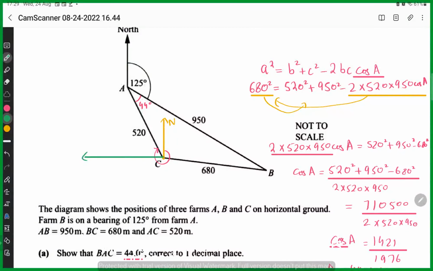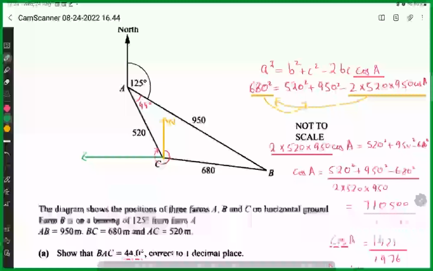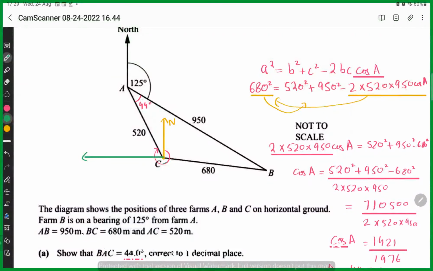So we need to find the pink angle. Now, what do we know? If I start from this point, I come all the way down. This is 90. And then this would make it 90 plus 180, because the sum of angles on a straight line is 180. So this is 270. I need to find this angle.